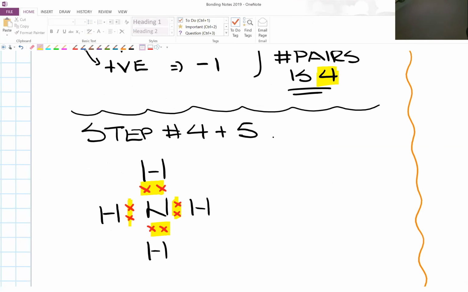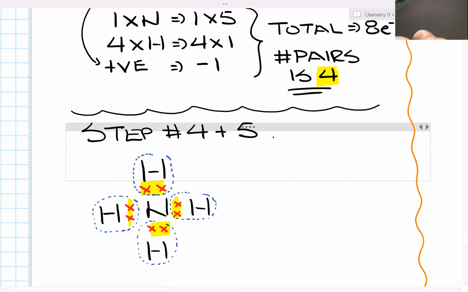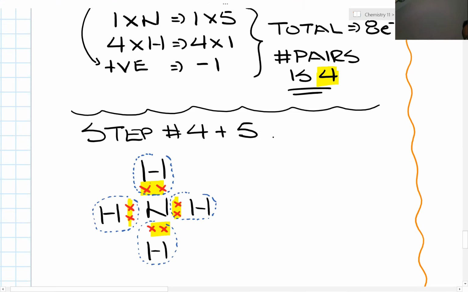And if we drew a circle around hydrogen, there is 2 around each hydrogen. And if we look at nitrogen, there is 8 around this nitrogen. Yay! So we're done, except for one thing.